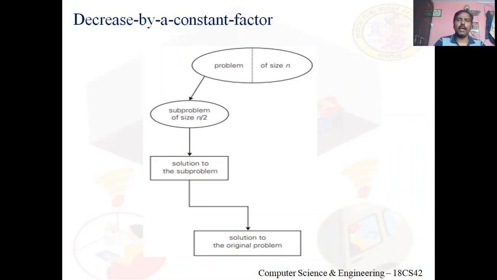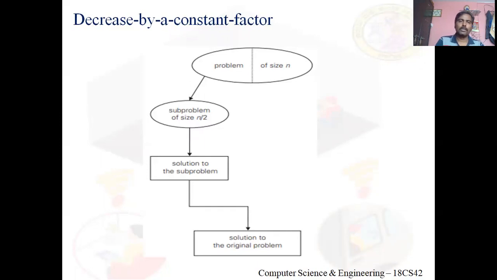Again, I repeat, look at the slide and remember, in divide and conquer, the problem gets divided into several sub-problems. But in decrease and conquer, the problem gets reduced to a newer sub-problem, and only one sub-problem.